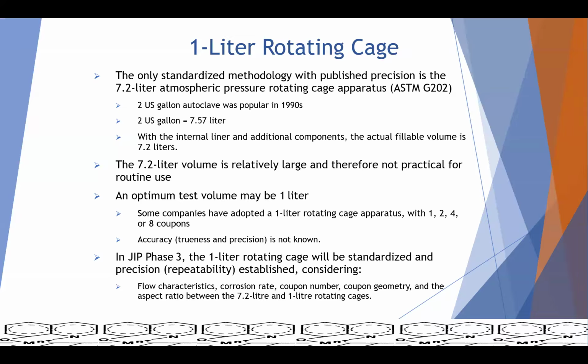As I said, for the 7.2 liter autoclave rotating cage, the accuracy or the trueness was established by CanmetENERGY in the 1990s by comparing lab test with field test.